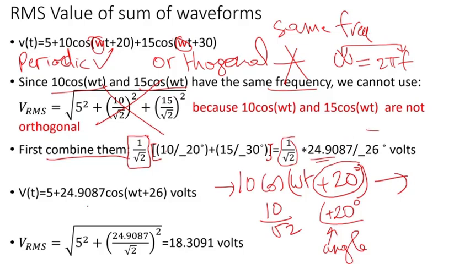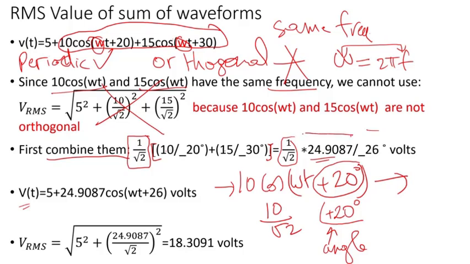Then I can go back to time domain because I have these two signals with same frequency. Now I can combine them as one signal. So I go back, v is equal 5 plus, again, I'm going to go back to cosine because I started with cosine. If you had sine first, you'd have to do some conversion.